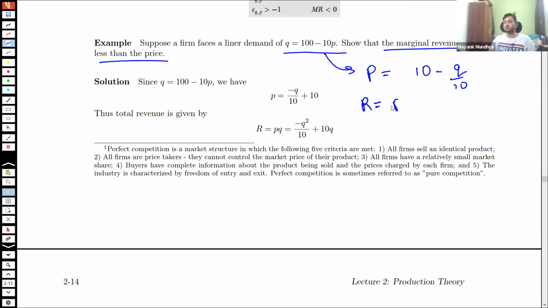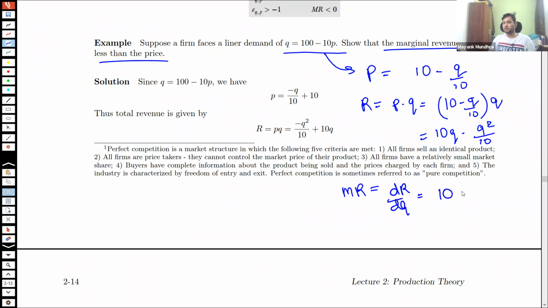So revenue equals P into Q, which is basically (10 minus Q by 10) into Q. So that is 10Q minus Q square by 10. Right? So marginal revenue will be equal to dR by dQ, which is equal to 10 minus 2Q by 10.